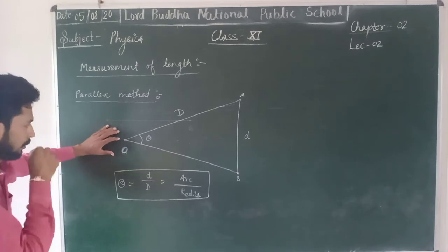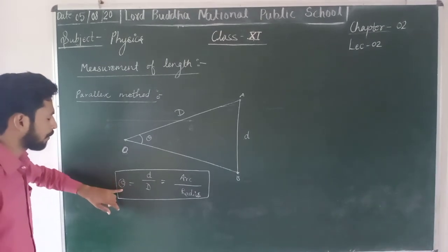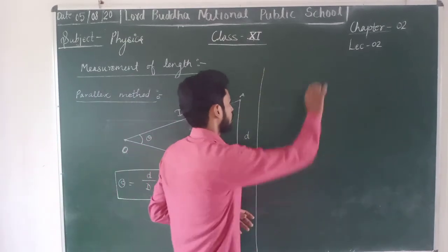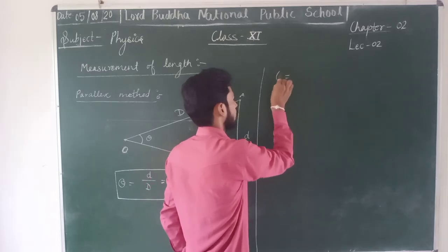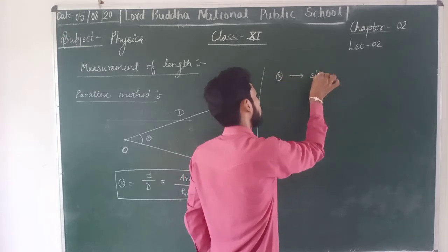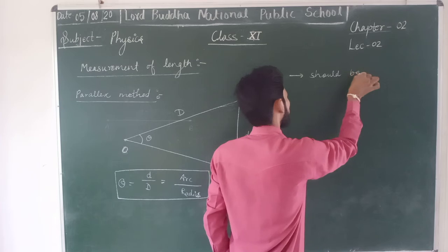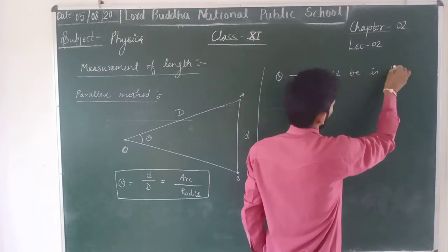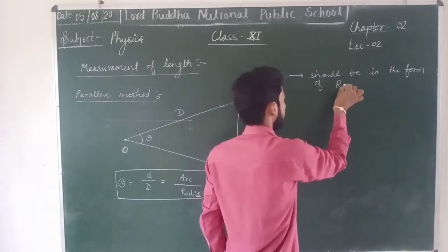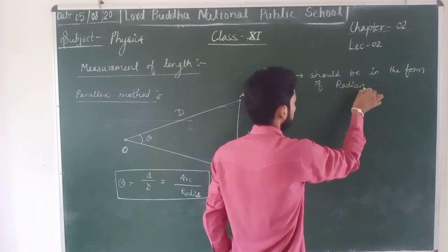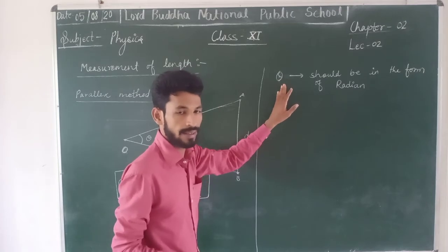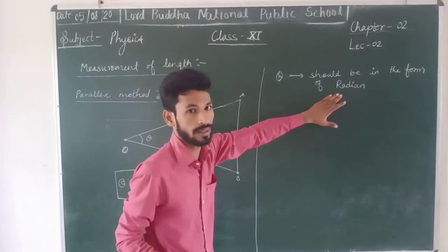Here in the parallax method, the angle theta will be in radian. Always remember that theta should be in the form of radian, because there are a few units to represent an angle, like degree and radian.